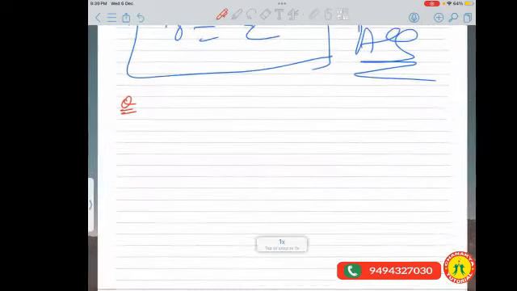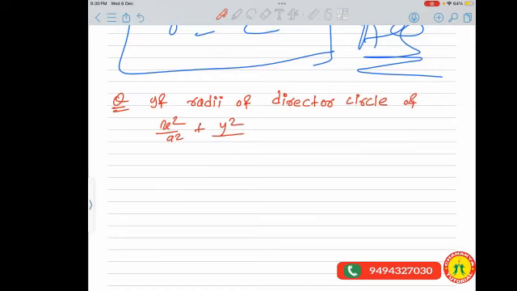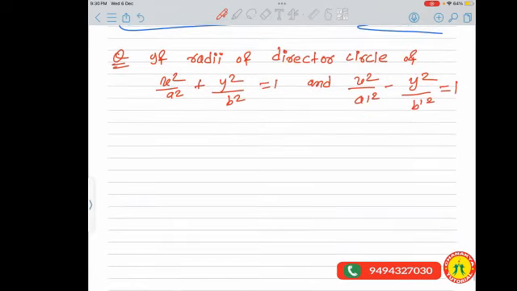Question is, we need to think or do that if radii of director circle of x square by a square plus y square by b square is equal to 1 and x square by a dash square minus y square by b dash square is equal to 1 are 2r and r respectively.